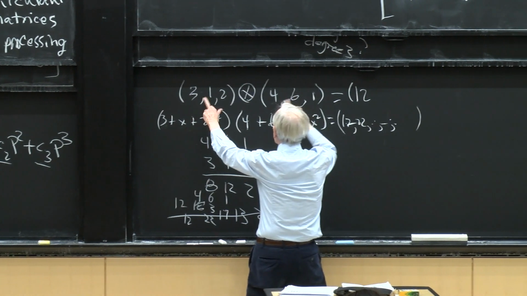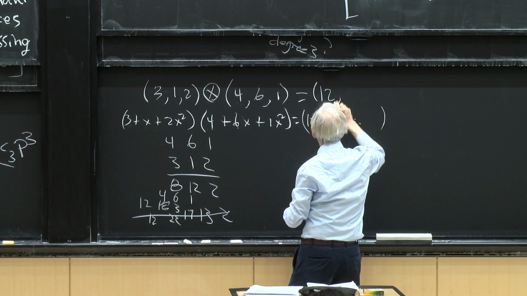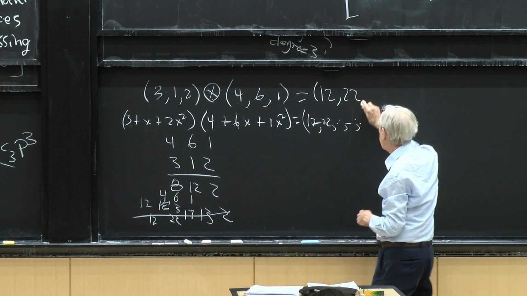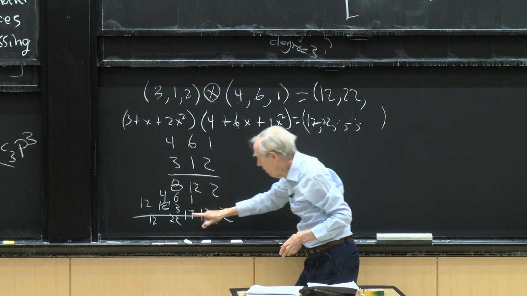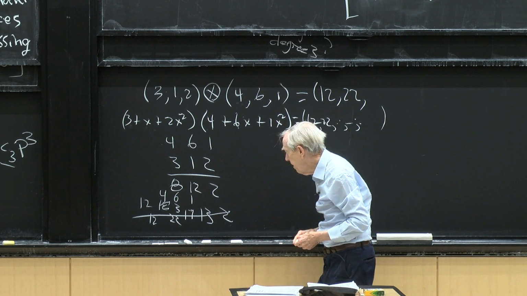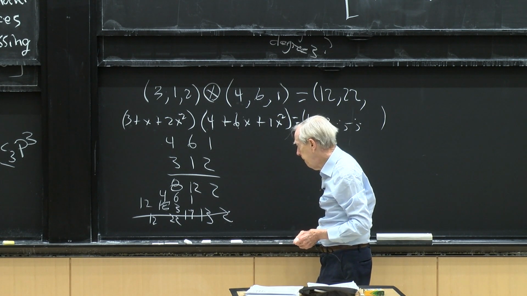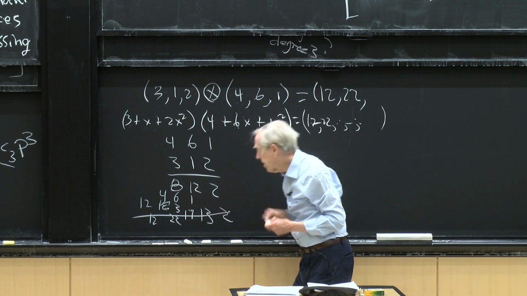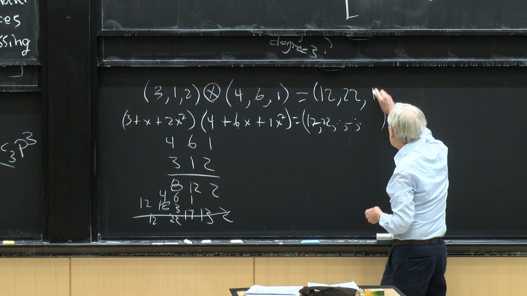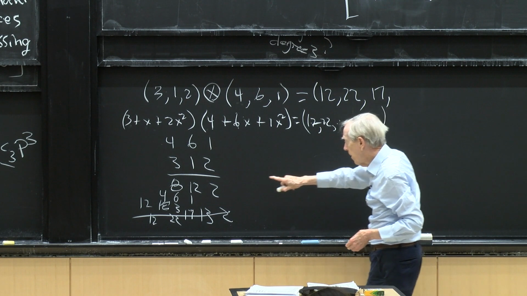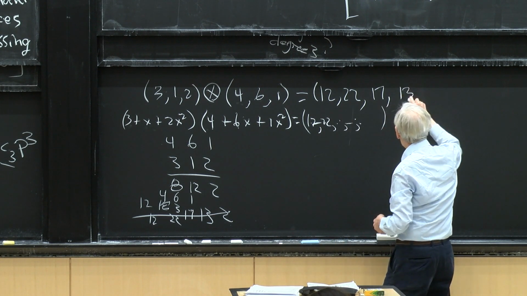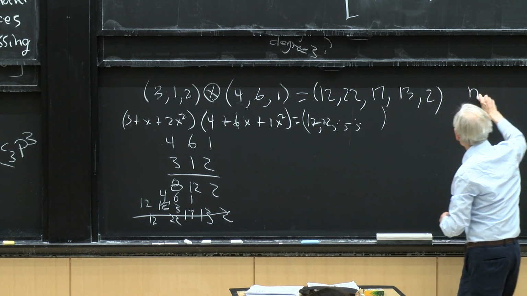Now 3 times 6 plus 1 times 4, that's the 22. What's after that? 17? Why 17? Oh, 8 plus 6 plus 3, 17. And then 12 plus 1, 13. And then 2. That's non-cyclic.